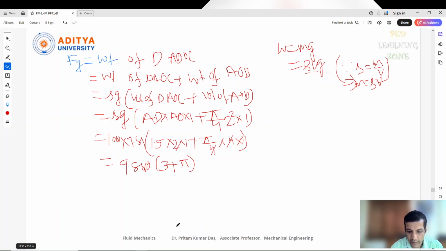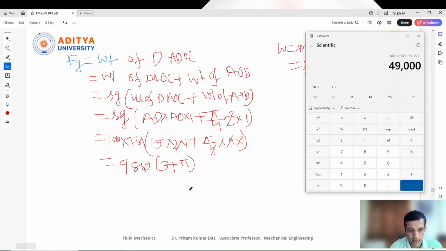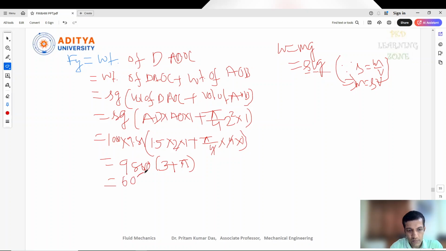Let's write pi as 3.14, so 3 plus 3.14 is 6.14. We'll get 60,233 Newtons, with some decimal value actually. So that is our force component in the y direction.